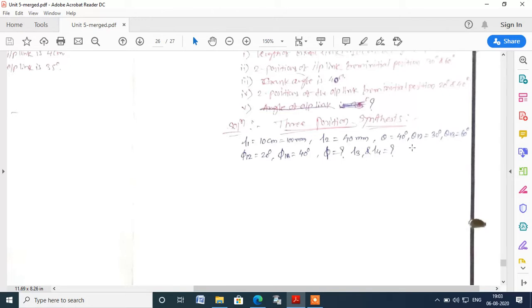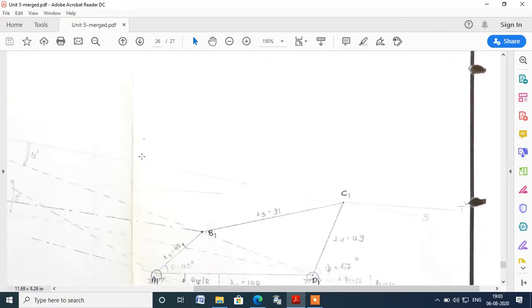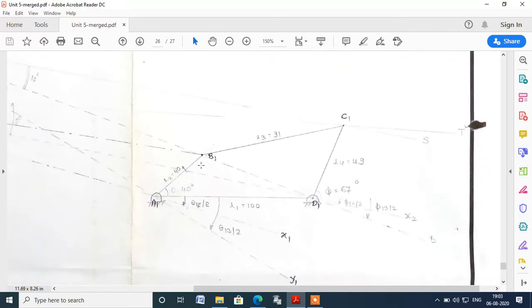Two positions of input link from initial position are given, so theta 12 is 30 degree and theta 13 is 60 degree. Two positions of output link are given, phi 12 is 20 degree and phi 13 is 40 degree. Now we have to synthesize this mechanism.